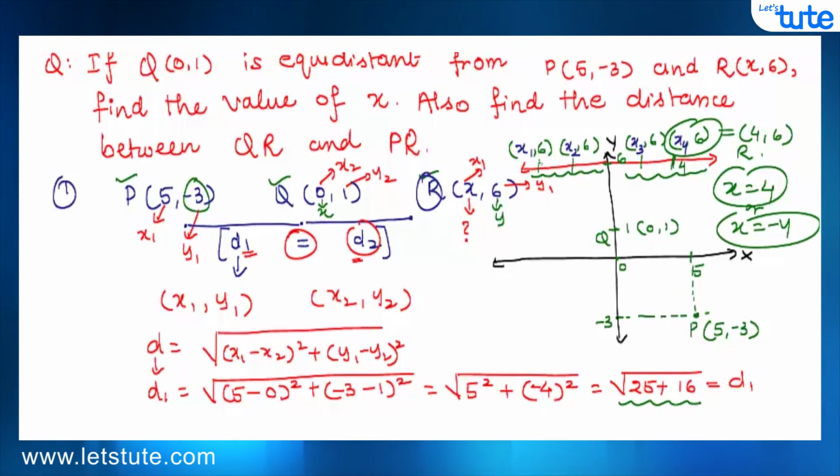Suppose this point is negative 4, then this will be negative 4, 6, and this will be our R. So by this we have got two values of x, 4 and minus 4. In the hints, I'll tell you how to check whether our answer is correct or not.